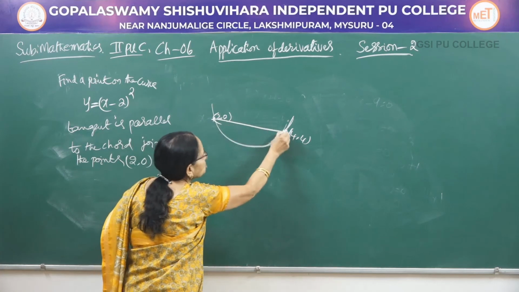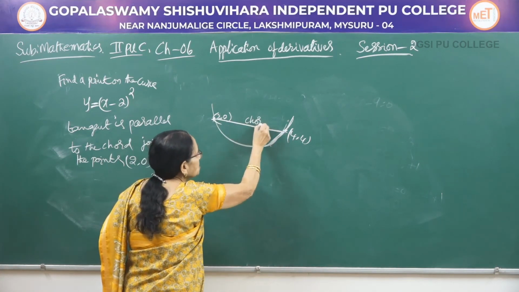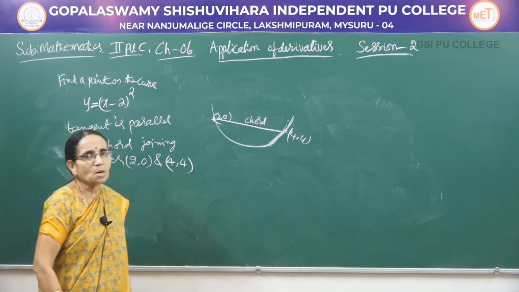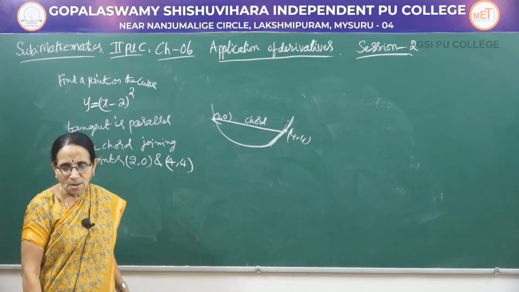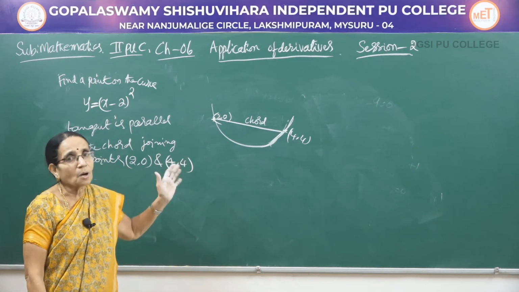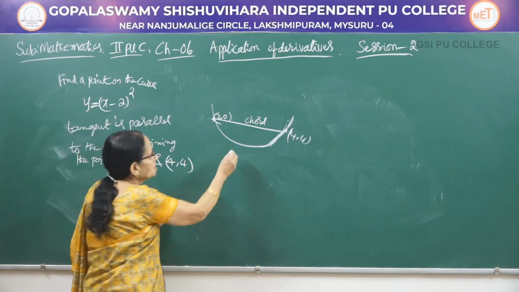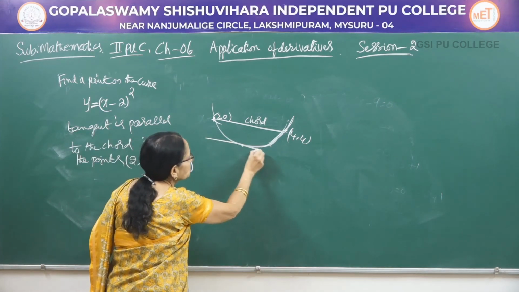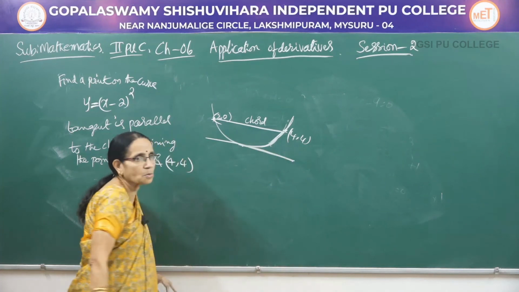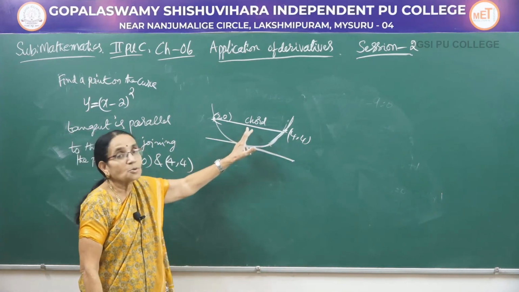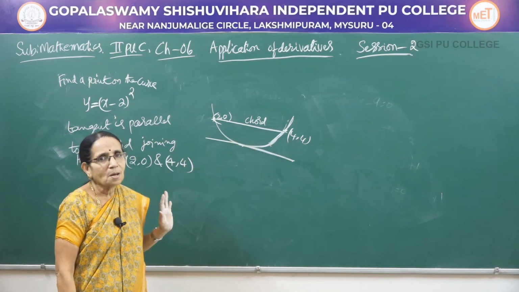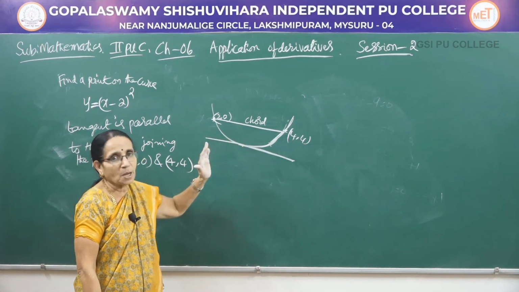Now these two have been joined, so this is the chord, isn't it? A chord of any curve, need not be a circle, is a line joining any 2 points on the curve. Now at this point, let us assume a tangent has been drawn. You observe the tangent is parallel to the chord, isn't it? This is how the curve would be.